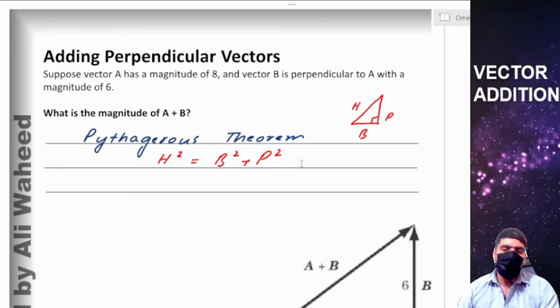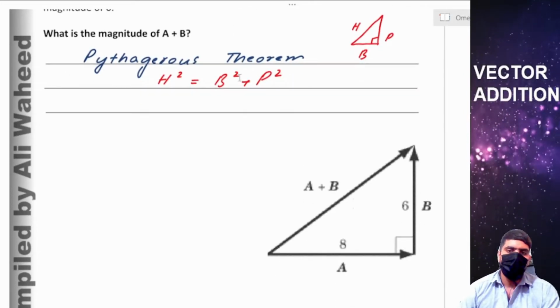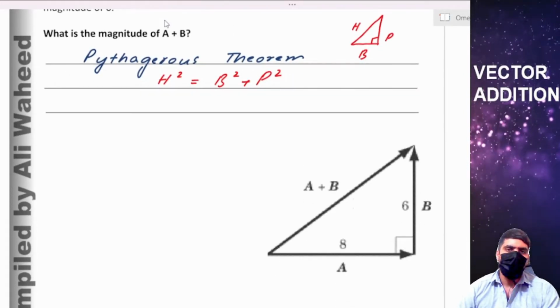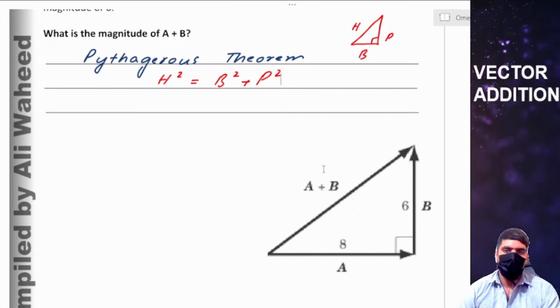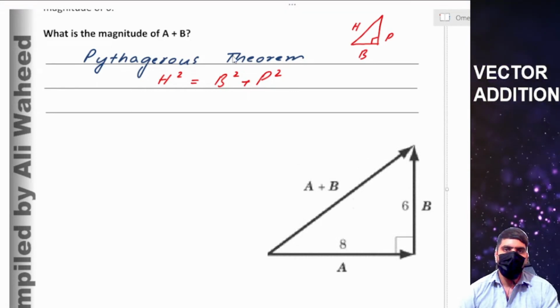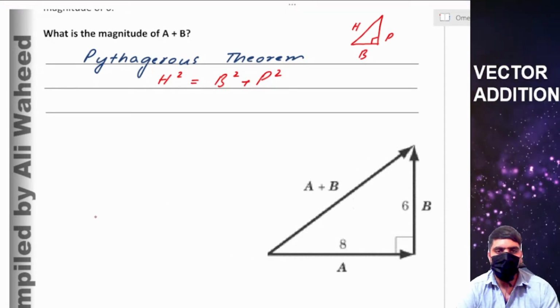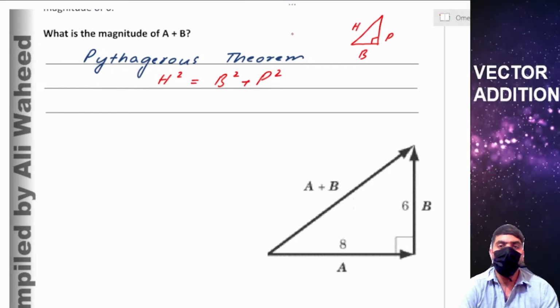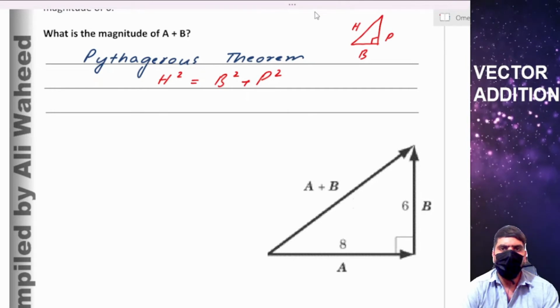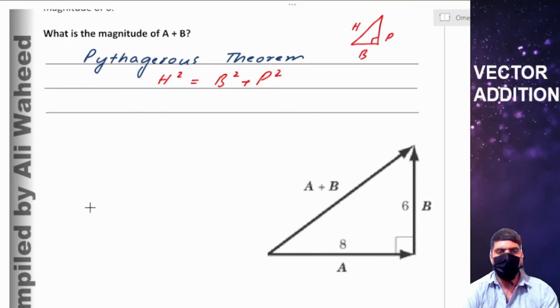So we have an example. There is a vector of 8 Newton. Let's say, according to the example, the vector 8 Newton is towards the right side.